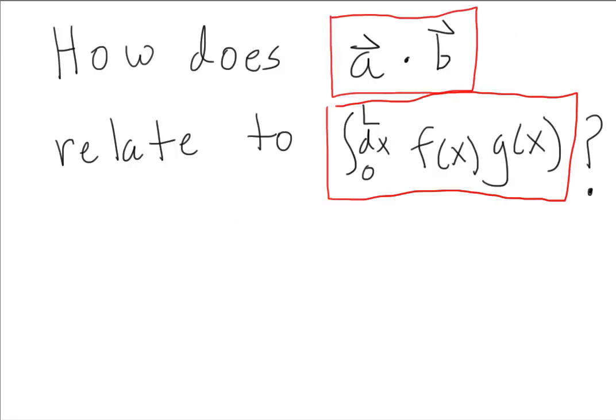In this video, the first thing we need to do is try to understand how the top expression, a dot b, which is just a dot product between two vectors, relates to this expression here. This is the integral of two functions f of x and g of x over some interval 0 to L. This is what we'll see a lot in Fourier series problems.